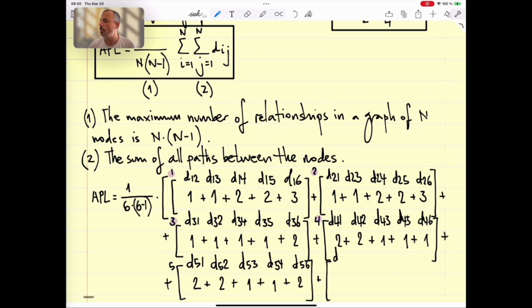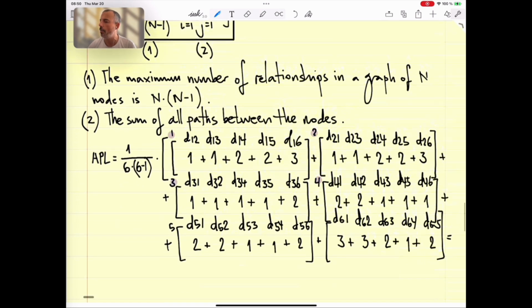And distance between 6 and 1 is going to be 3. 6 and 2 is going to be 3. 6 and 3 is going to be 2. 6 and 4 is going to be 1. 6 and 5 is going to be 2.